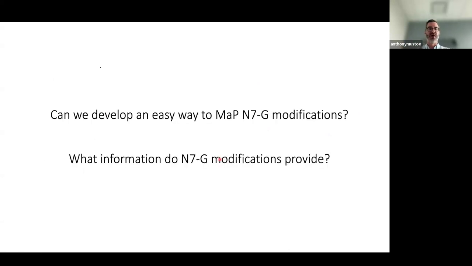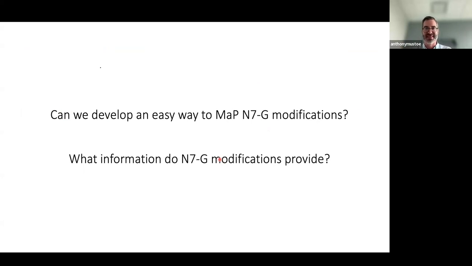So the question that we were interested in is, can we develop an easy way to map these N7 modifications? And then really, if we can do that, what information do these modifications provide?